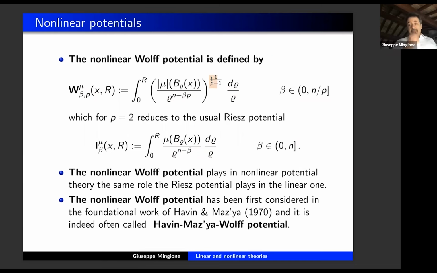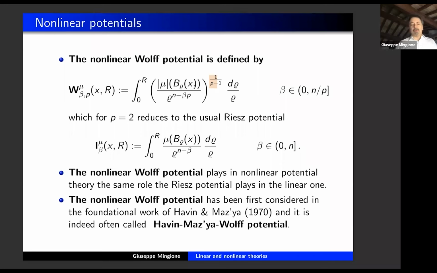Because, of course, if you take the p-Laplacian equation, then you cannot bound u by the Riesz potential, because this estimate would not respect the scaling of the equation. So what you do, you insert at this stage the scaling deficit of the equation between solutions and data. And in doing this, you get a nonlinear operator.